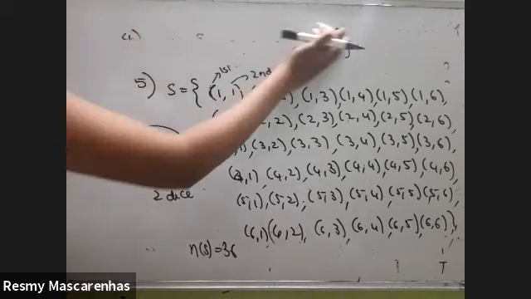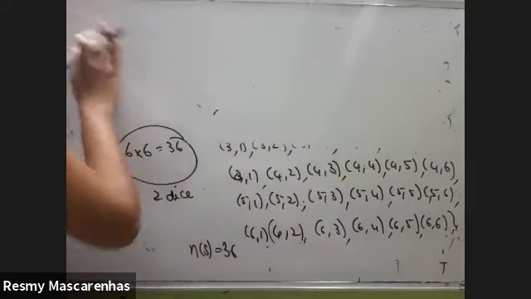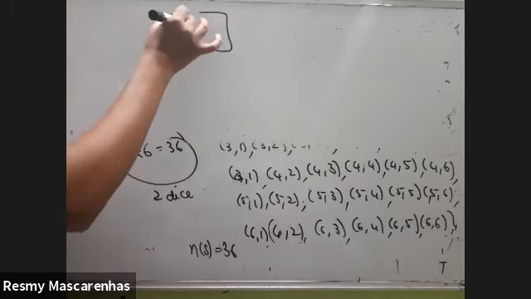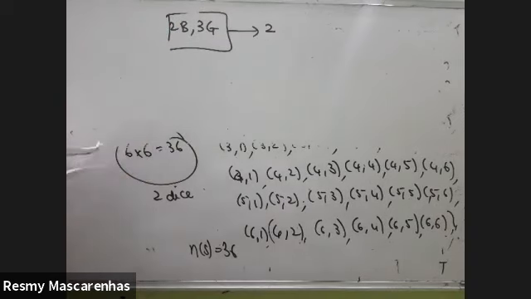Then the sixth one. The sixth question is: from a group of 2 boys and 3 girls, 2 children are selected.